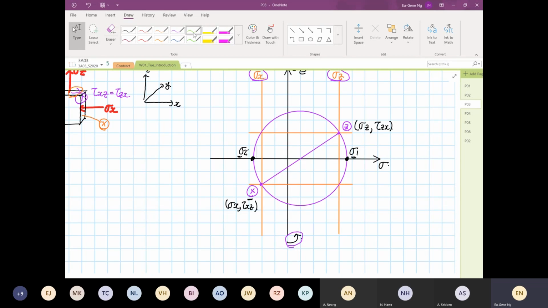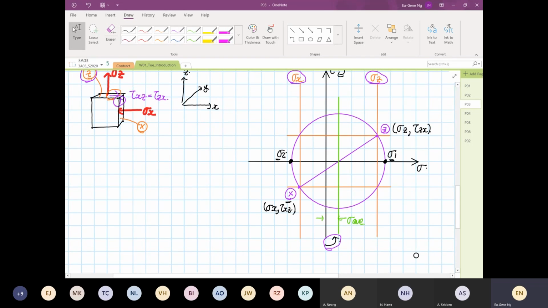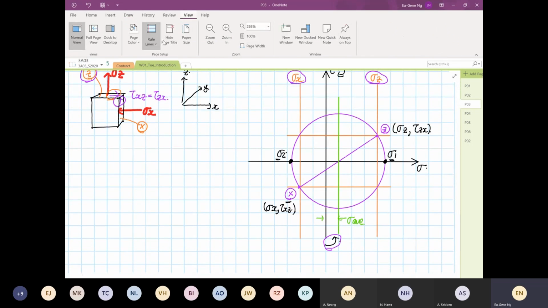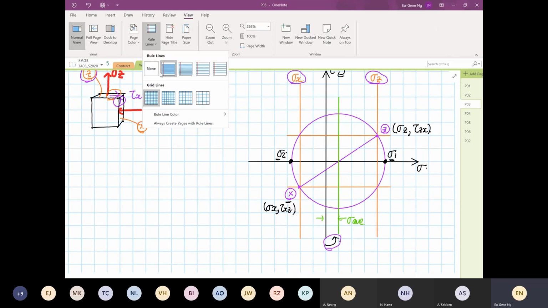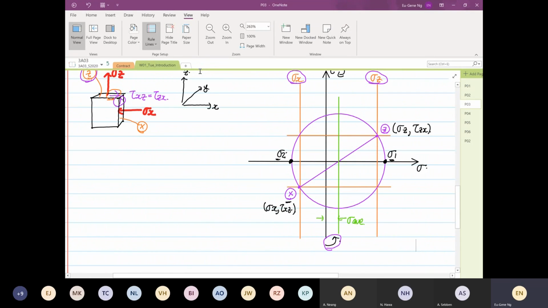So if I were to draw another line down here, this value over here is your average stress. You can see from here. Now, can anyone tell me, what do you realize about stress 1 and stress 2?